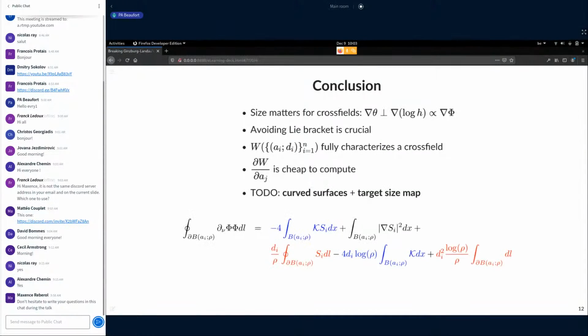The last thing to keep in mind is that everything has been done in the planar setting, which means that we have to account for the Gaussian curvature if we want to work on curved surfaces, and so we should derive the same mathematical expression in order to see what happens. Also, we could ask our crossfield to fit a target size map, and so we should do the math the same way in order to see what happens with this expression.